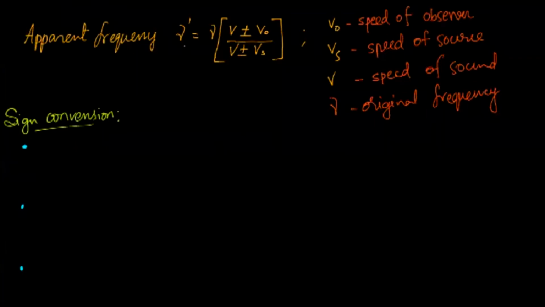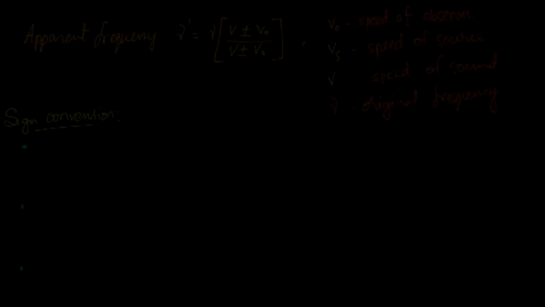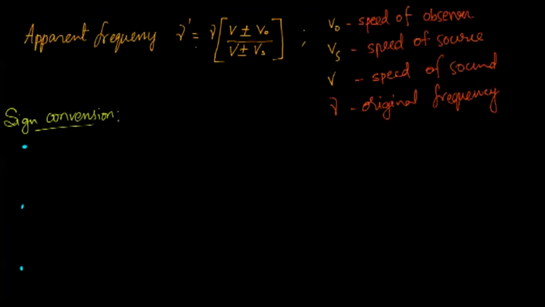In such case, apparent frequency nu prime equals nu into (V plus or minus V naught) divided by (V plus or minus Vs). So with the help of sign convention, we can calculate the particular expression for frequency in any case. Generally, this V is measured from source to observer, and that will be the direction of V.